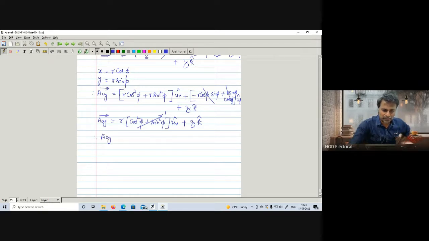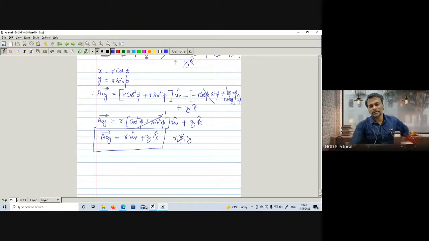Therefore, A cylindrical vector equals R into UR gap plus Z into K gap. Now we come to know that it has only the components R and Z. Here the phi component will be 0.